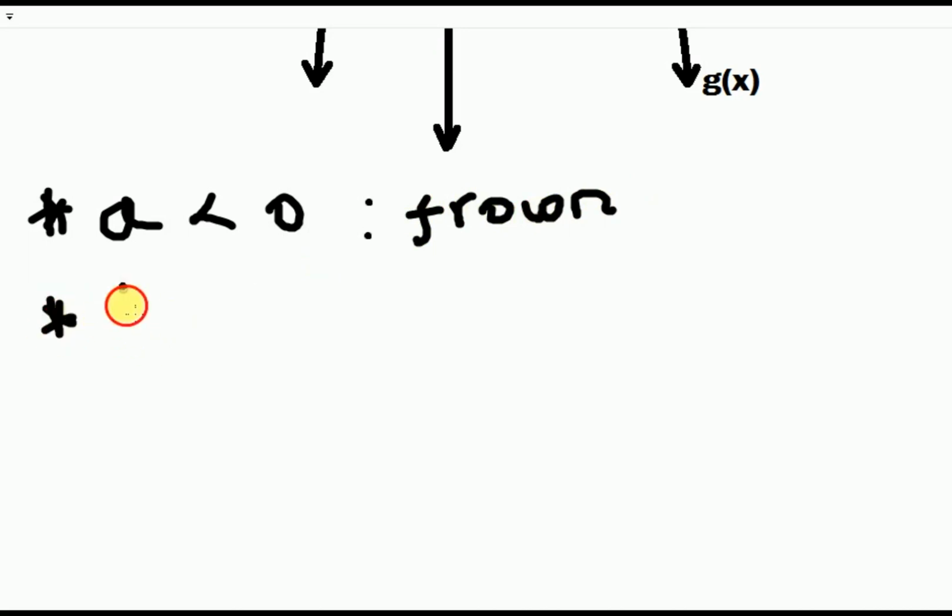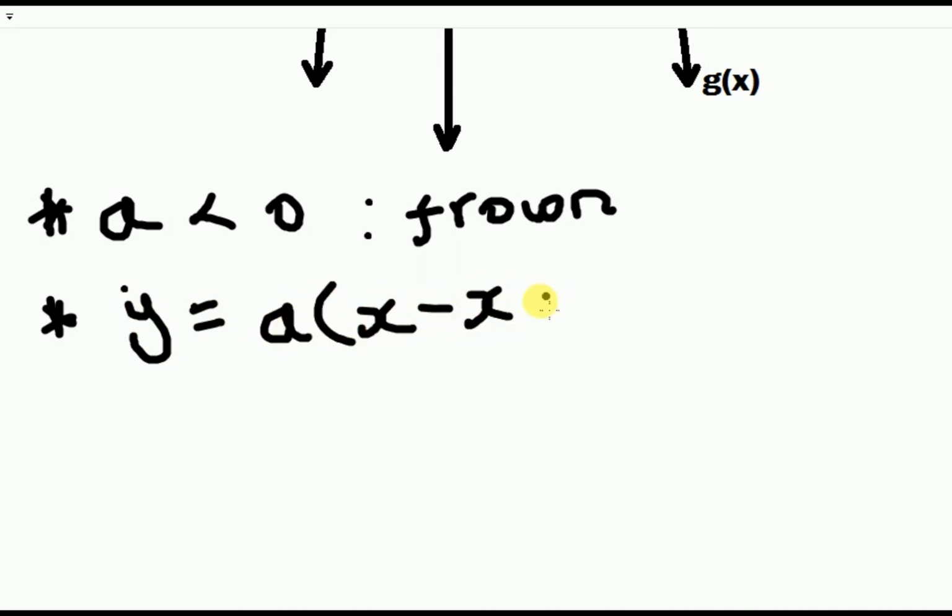So let's write down the formula that we are going to use. The formula is y is equal to A open brackets x minus x1, x minus x2.